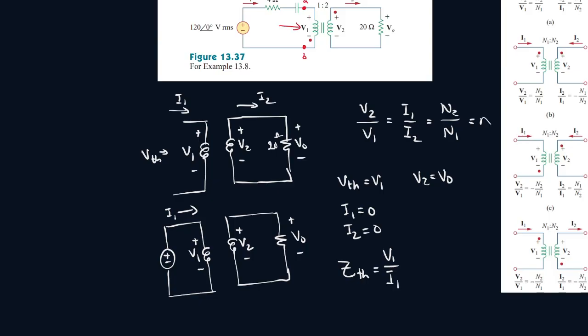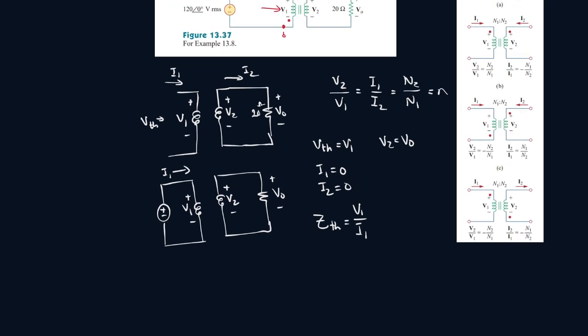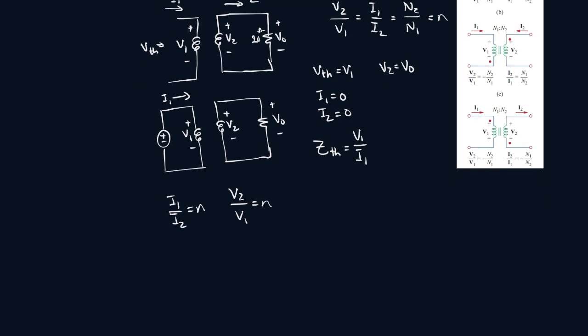Now, we know V2 over V1 is equal to N, and we know I1 over I2 is also equal to N. That means V2 over N is V1, and I1 is equal to I2 times N. So we can plug those into our formula.